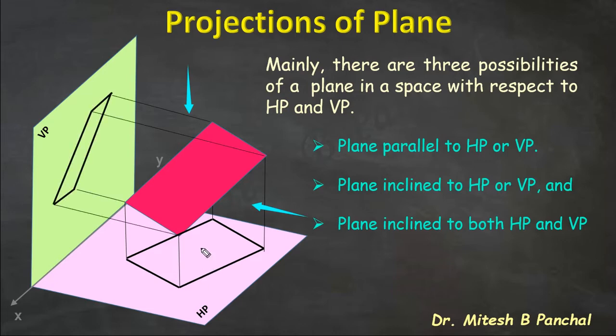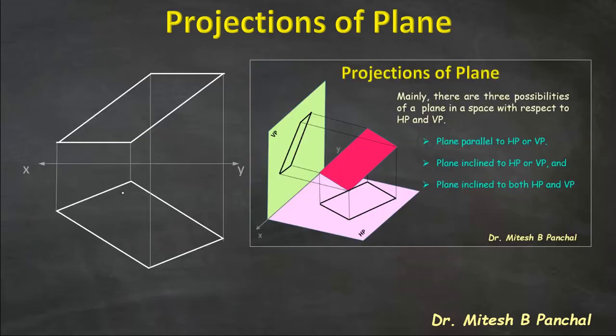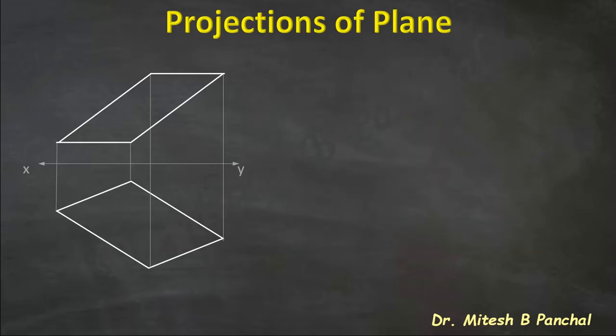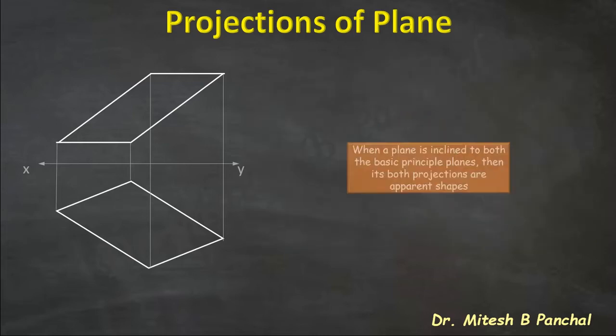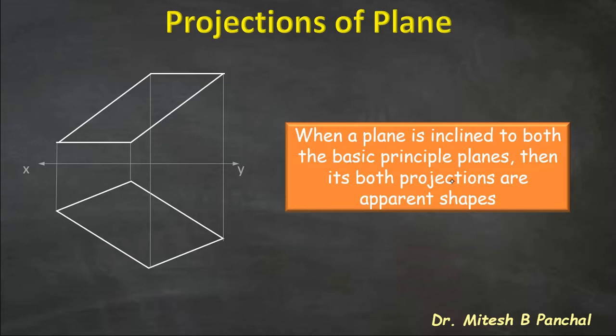Here both projections, front view as well as top view, are apparent shapes. So the general answer is that when the plane is inclined to both the basic principal planes, both its projections, front view and top view, are apparent shapes.